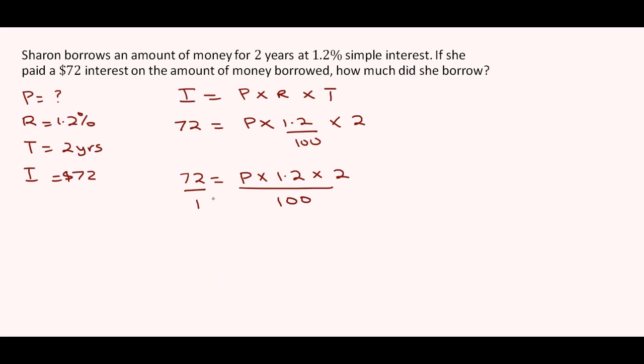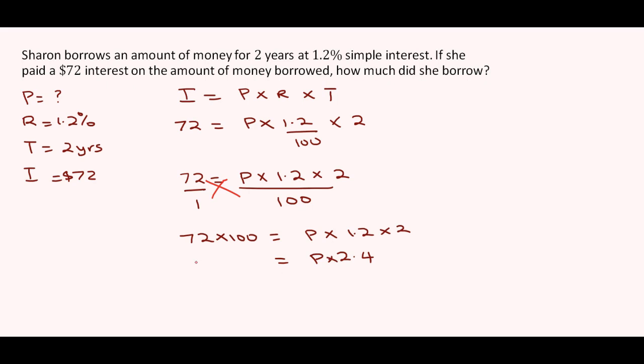I can do a cross product here. Let me use a different color to show cross product. I can do a cross product here, and what that means is that I have 72 times 100 is equal to P times 1.2 times 2, which is equal to P times 2.4.